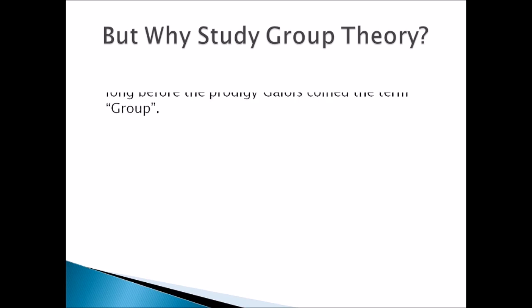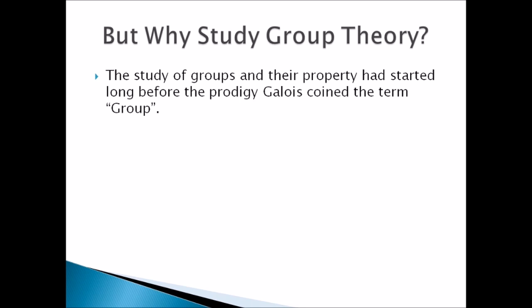No, the thing is, group theory is not something which is already known. Actually, the things which are already known have used group theory without using the term groups, which was first coined by the genius Galois. So before that, they were groups. They studied groups, but they never thought of them as groups.